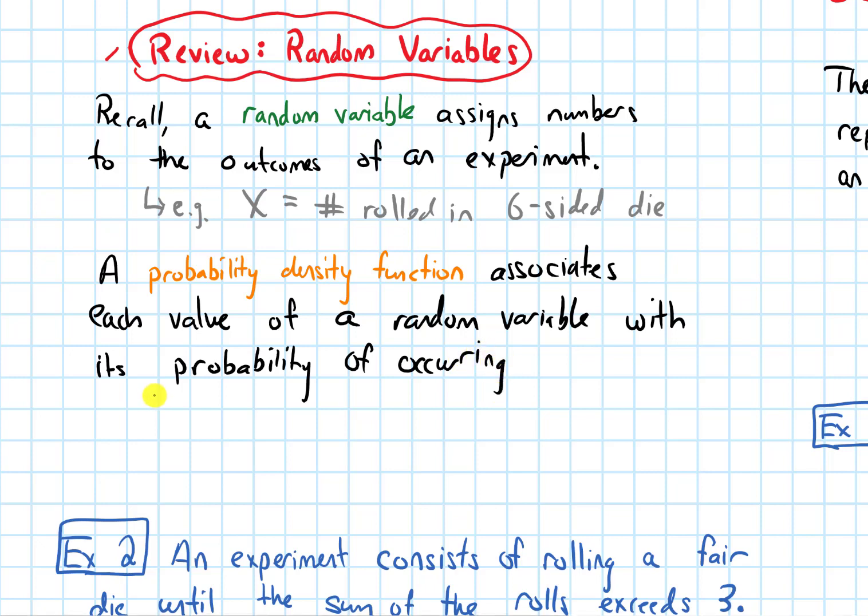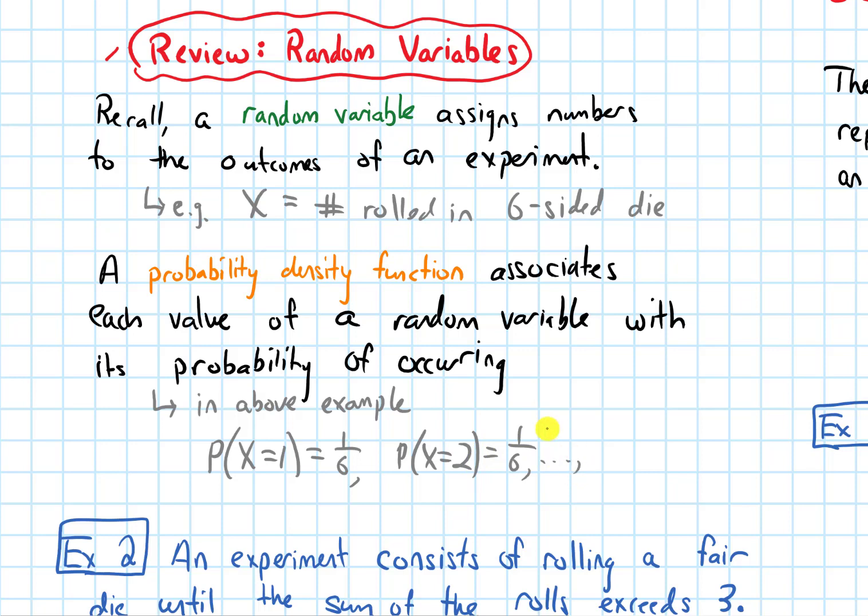So going back to our example with the 6-sided die above, we could write down the probability density function. That just entails writing down the probability of each of the outcomes happening. So if x was equal to 1, in other words, if I rolled a 1, that probability is 1/6. The probability that x is 2 would also be 1/6.